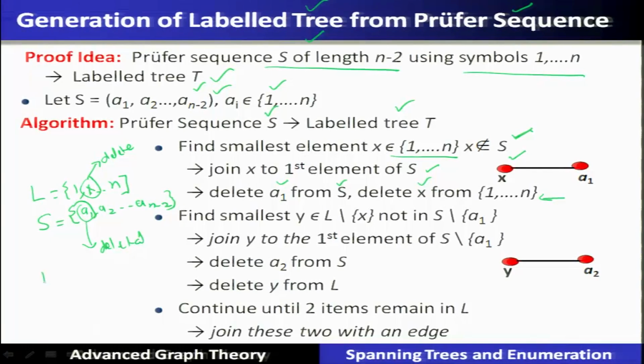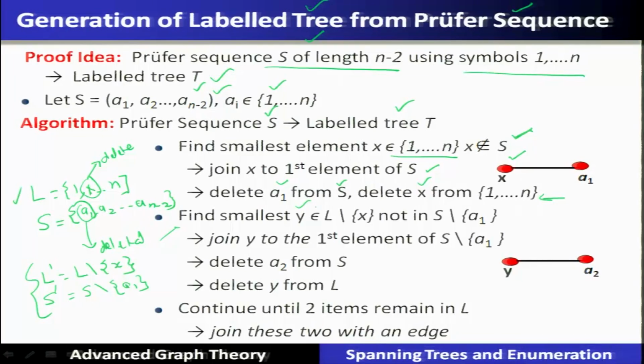So, the resulting list L of labels and the sequence S will be after removing the element a1. Now, the next iteration will begin from this modified list L prime and S prime.